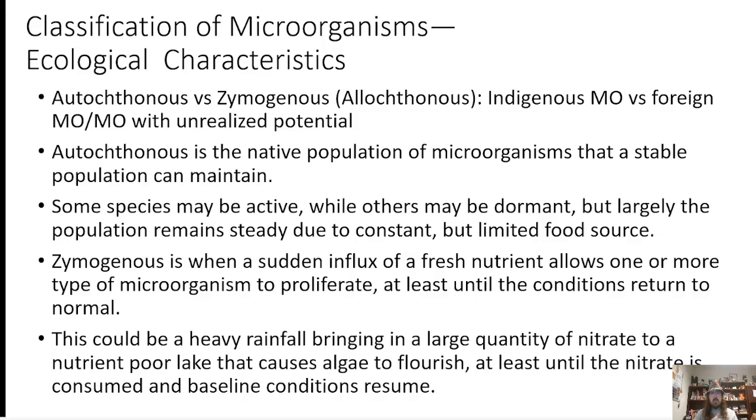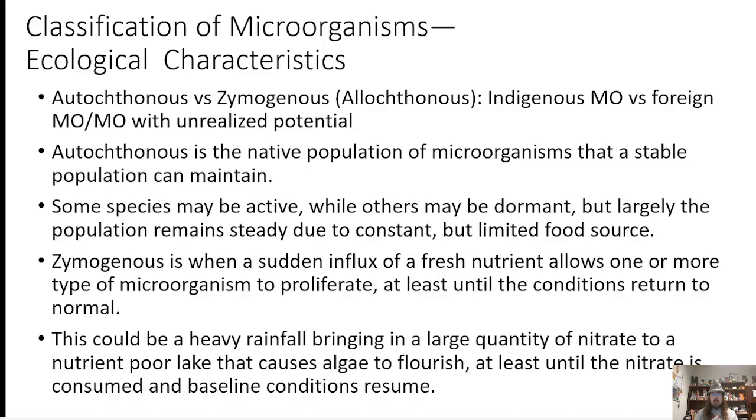The zymogenous is often when something new comes in, such as a new bacteria that can better thrive, or it could be just a fresh input of nutrients. Like suddenly someone starts dumping phosphates into the river or into the lake, and suddenly we get all these nutrients, and the microorganisms suddenly proliferate.